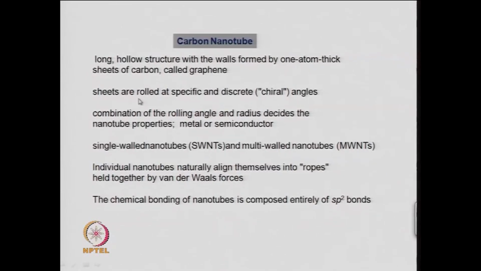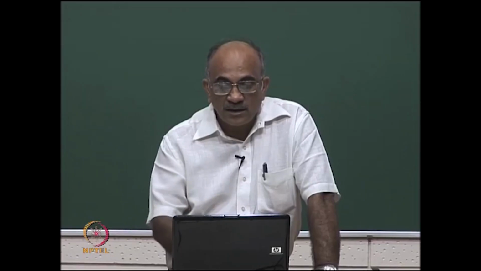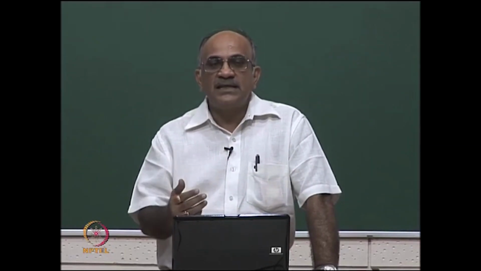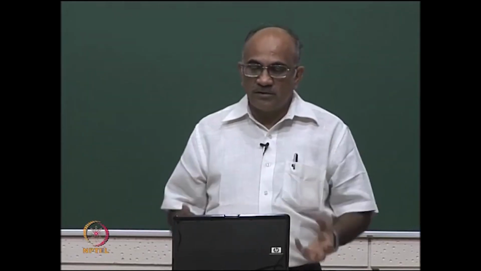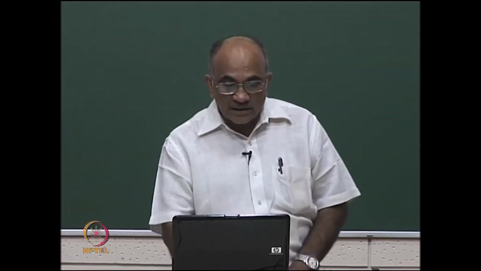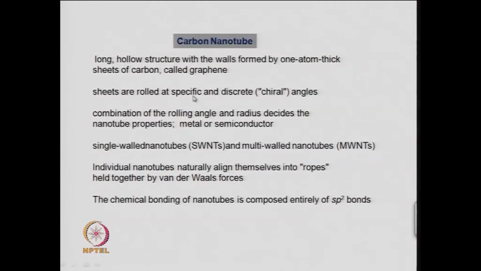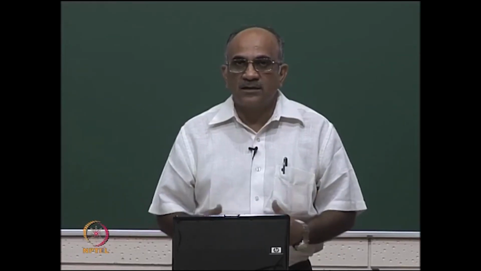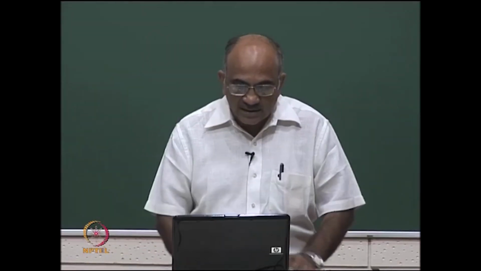Now, how you roll the graphene sheet will change the nature of the tube which you will get ultimately. The sheets which are rolled at specific and discrete angles will give rise to different types of nanotubes. Some of them will be chiral, the others will be called zigzag or armchair, as we will discuss.